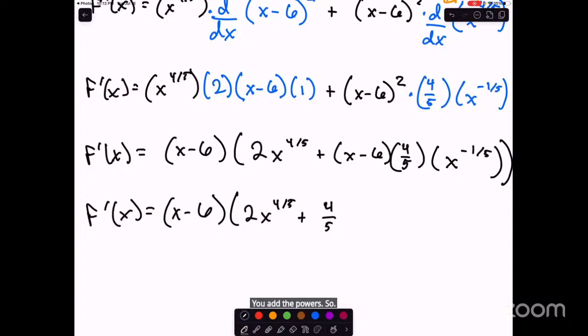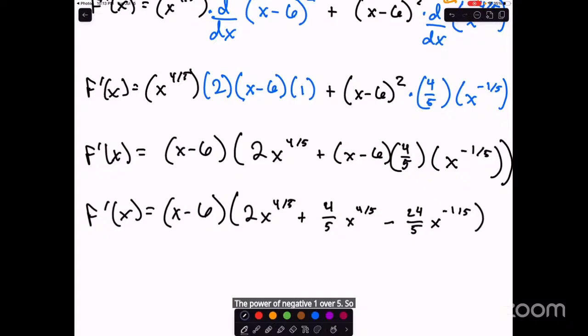So that's going to be a 4/5. Okay. And then it looks like it's going to be a minus 24/5 x to the power of negative 1/5.